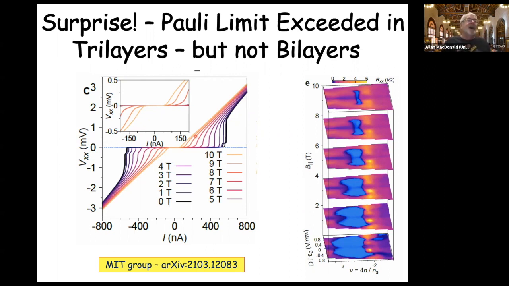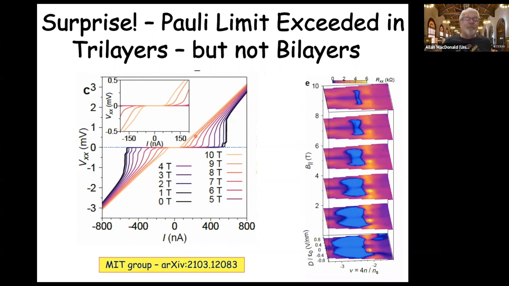And I did not emphasize it, but I should have, that the flavor polarization, the spontaneous difference in the occupations of different flavors, occurs not only in insulating states, but also in metallic states. So now I'm going to turn to a different property, perhaps the most interesting and surprising property of this system: it's a superconductor.